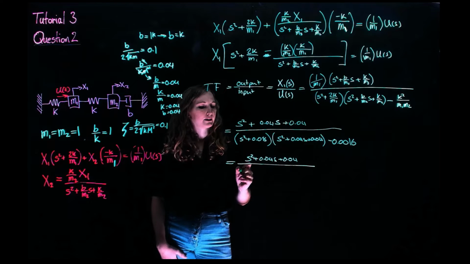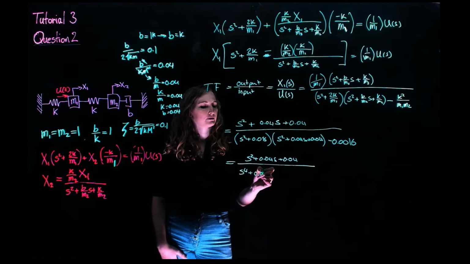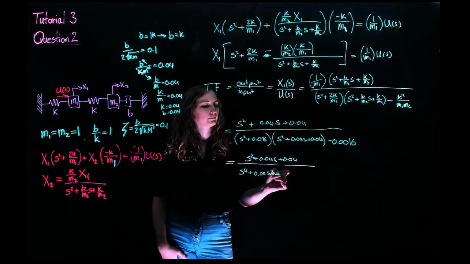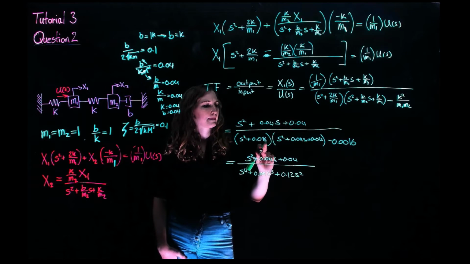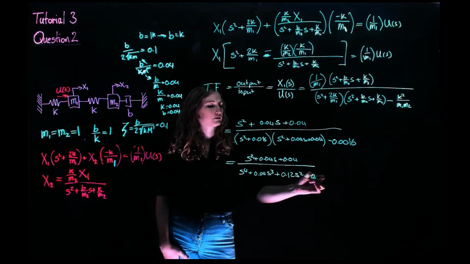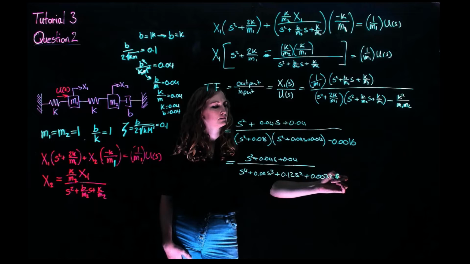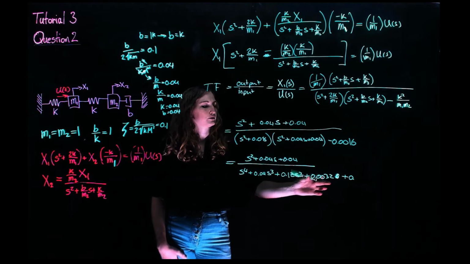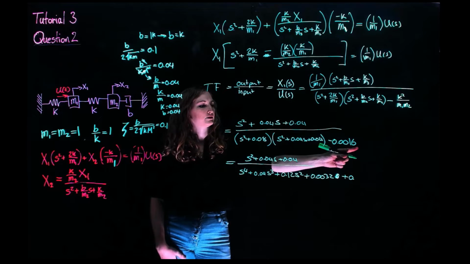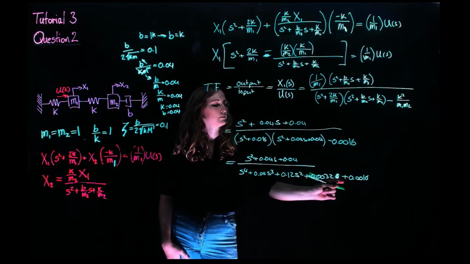In the denominator, we get s to the 4th plus 0.04s cubed plus 0.12s squared plus 0.0032s, and plus 0.0032 minus 0.0016, so we'll get 0.0016, the positive, right?